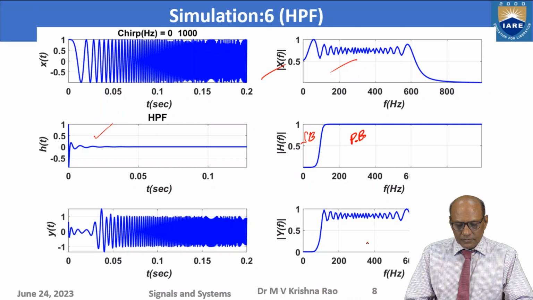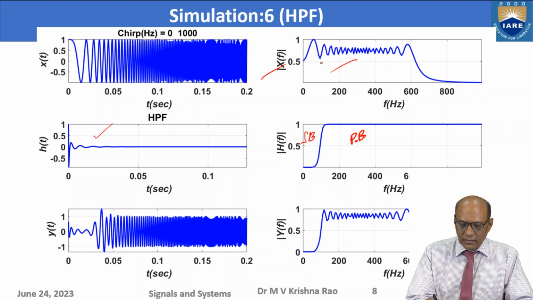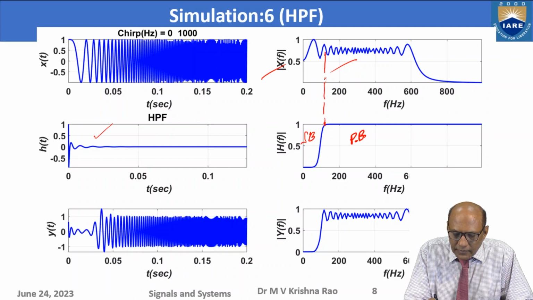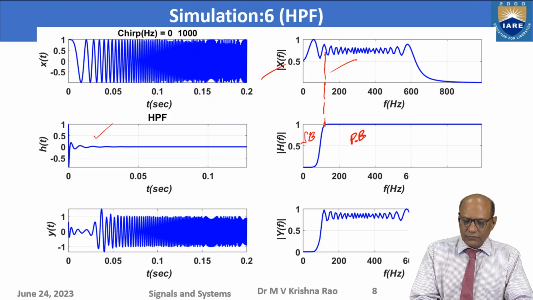Then what happens is, this is the flat value, at somewhere something like this here.